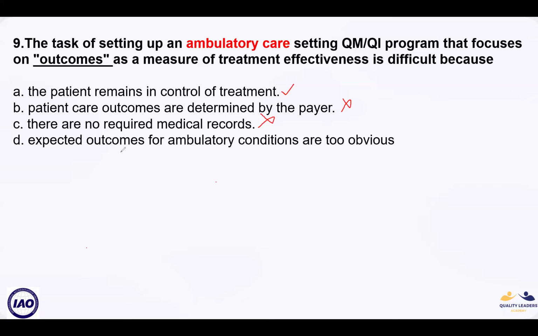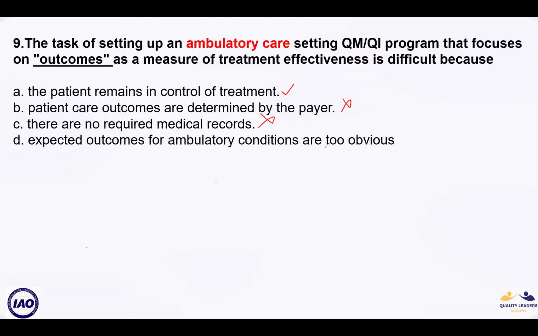Now, coming to option D, expected outcomes for ambulatory conditions are too obvious. See, if anything, OP outcomes are harder to track and they are never too obvious. This is a reverse logic. OP outcomes are harder to define and track because the follow-up is not consistent and timelines are very long.